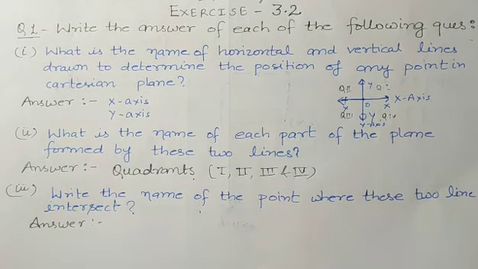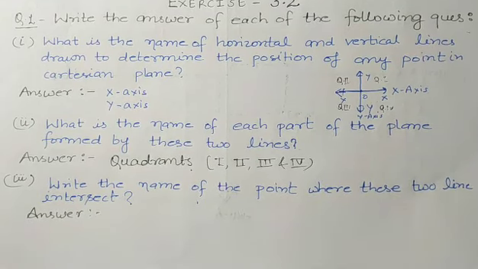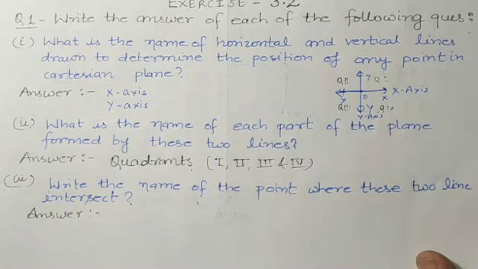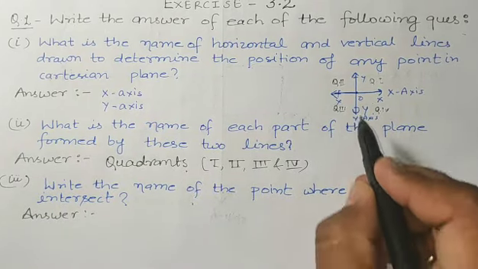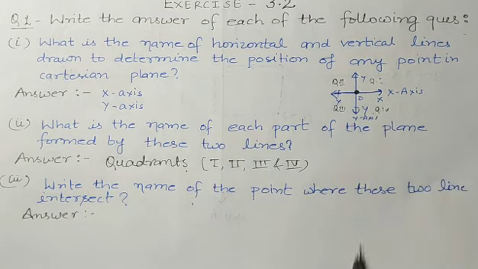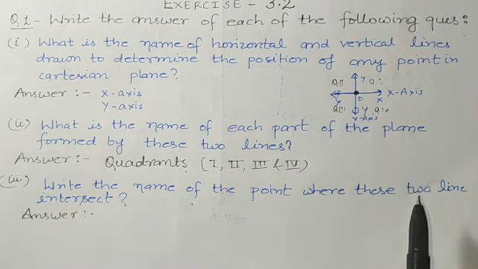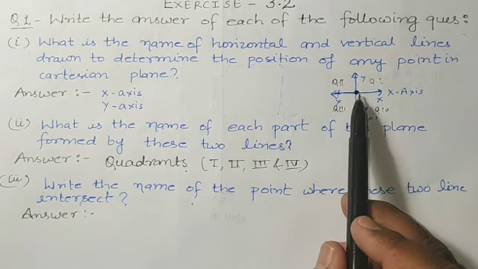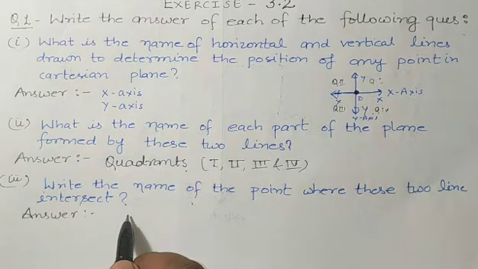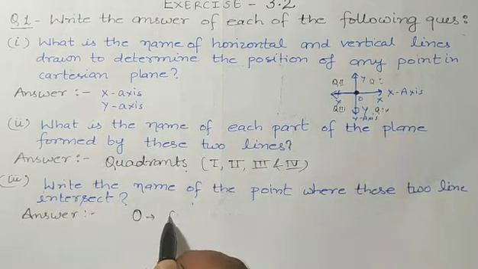Okay, now third part is, write the name of the point where these two lines intersect. The question is about this point students. So where these two lines, the x-axis and y-axis, intersect, this point is represented by O and its name is what?